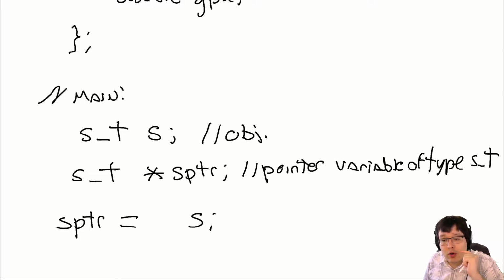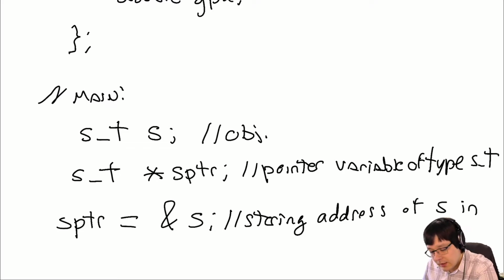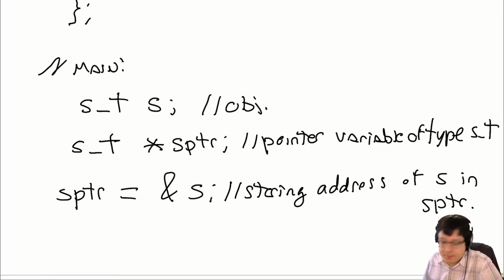So we need to know where to point to. We need the address of it. And so we're going to use the address-of operator to get the address of s. Bam, ampersand, we're done. So this is storing the address of s in sptr. Okay? That's basically what you're doing.